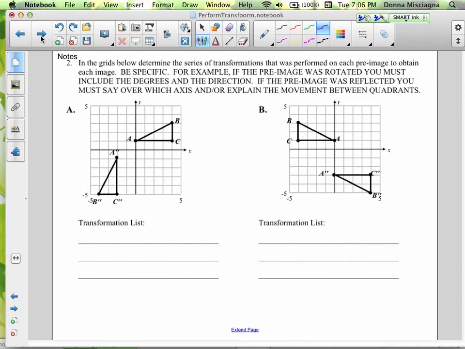I'm almost contemplating actually, I take it back. I think I wanted to do a reflection, not a rotation. And you know why? Because when I look at the rotation, this vertical going to this horizontal, that's 90 degrees. And notice it's moved 2 quadrants. So this was not done as a rotation. This was done as a diagonal reflection.